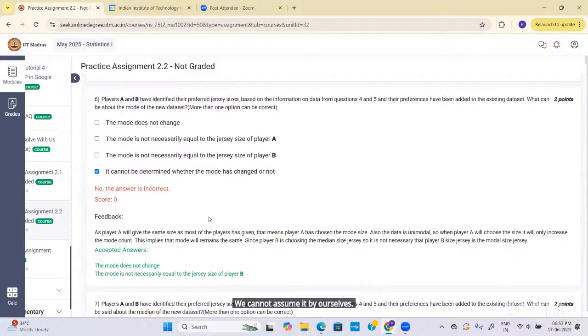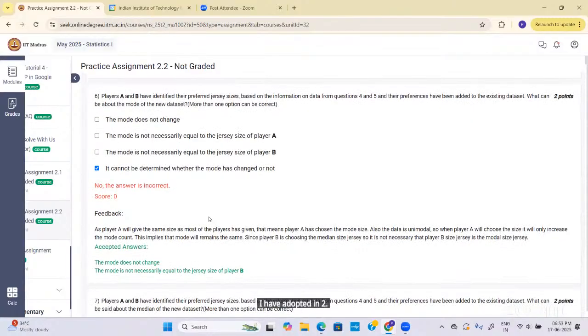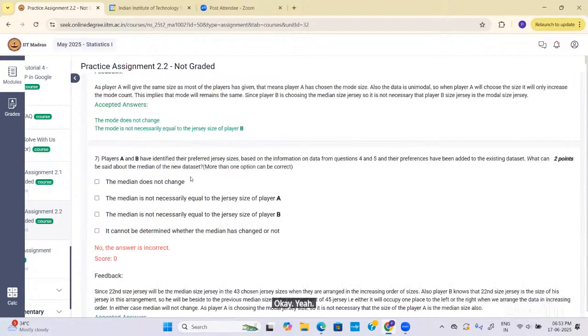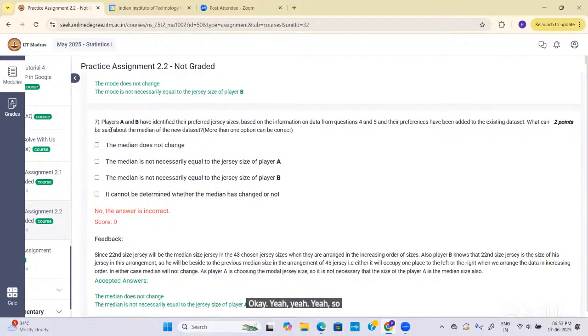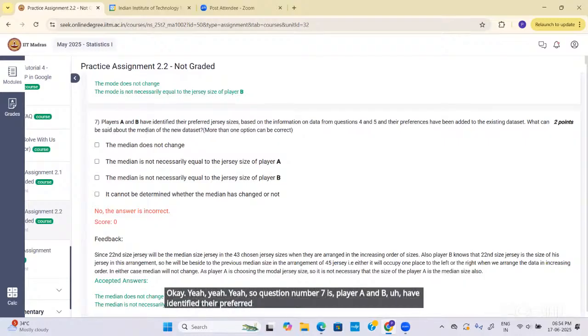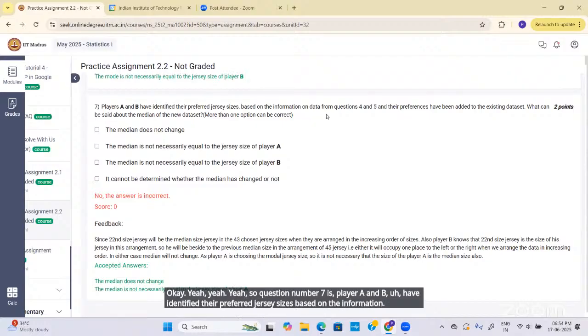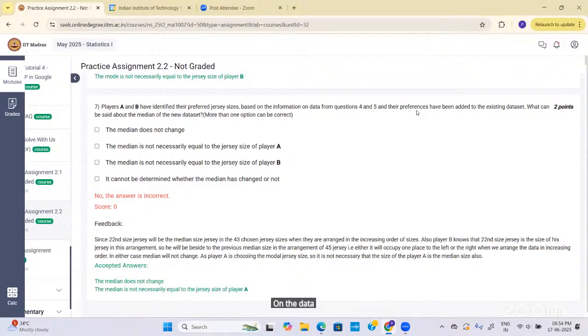I have a doubt in 2.1 activity, question number 6. Ma'am, also the question number 7. Okay, then you can move to 2.1. So question number 7 is: player A and B have identified their preferred jersey sizes based on the data from question 4 and 5, and their preferences have been added.